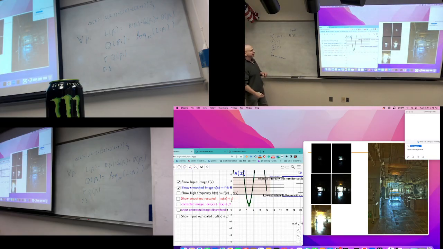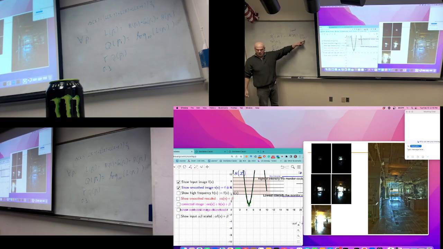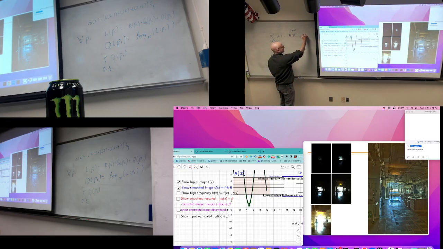And what is the scalar? The scalar would be the new luminosity over what was the original luminosity of pi. Luminosity, not the log of the luminosity. The luminosity of pi. What I have in the numerator is the new luminosity of pi. That's exactly what we are computing right now.